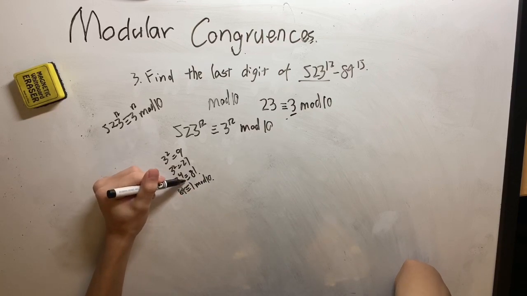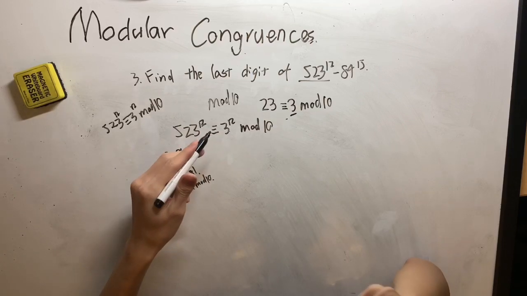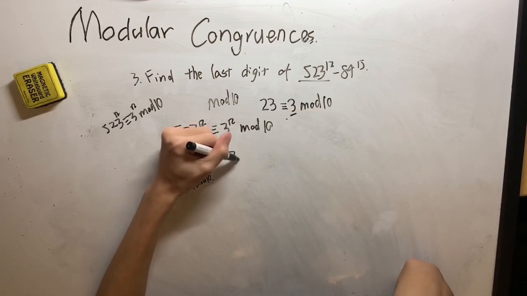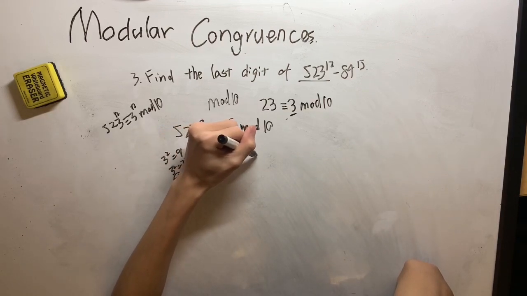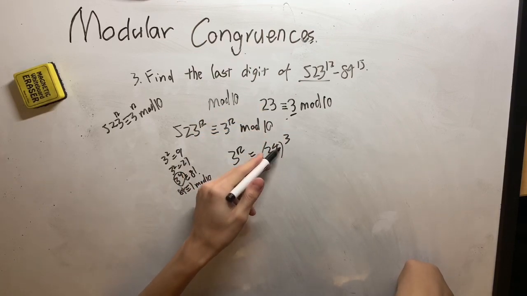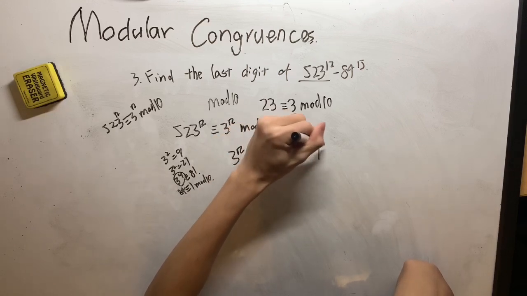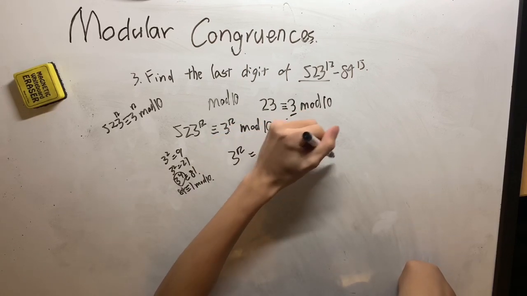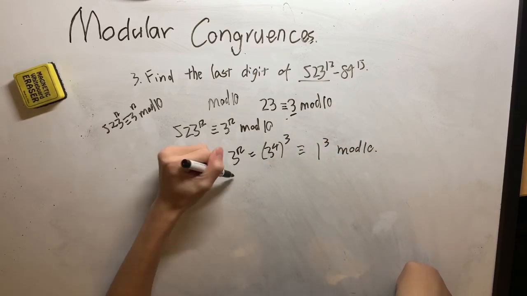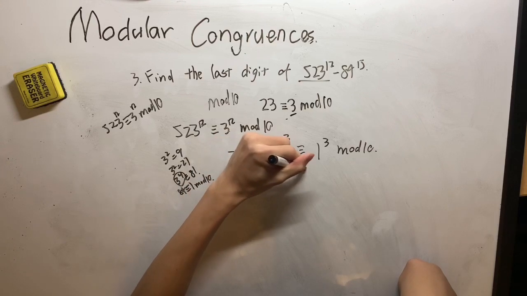Let's use 3 to the 4th to decompose it. 3 to the 12 equals 3 to the 4th to the third, and this is congruent to 1 to the third, 1 cubed, mod 10. Thus, we have 523 to the 12th is congruent to 1 mod 10.